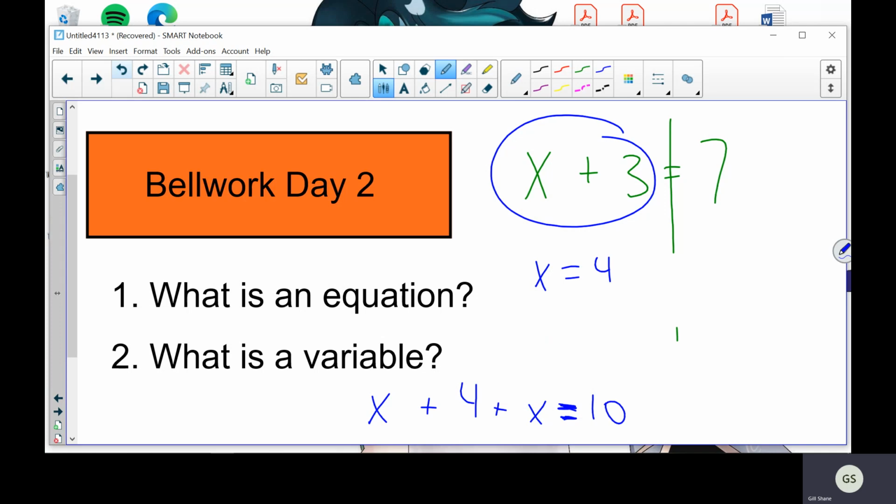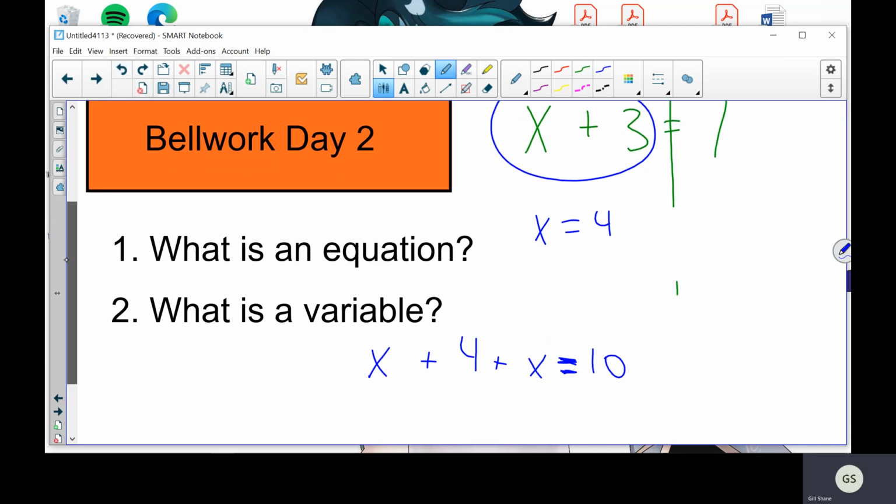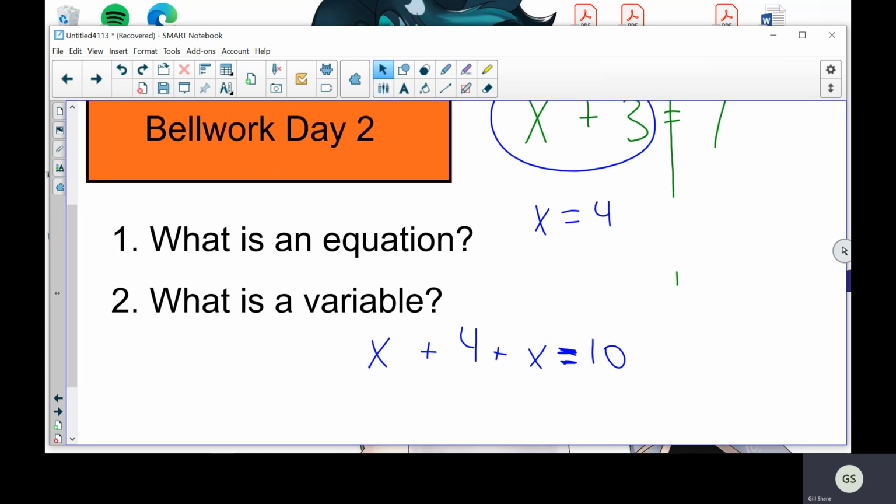What's the number going to be? 6. Ooh, is it? So what if I put in 6 for both x's? Is that equal to 10?